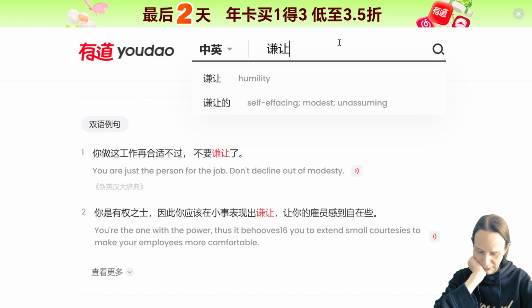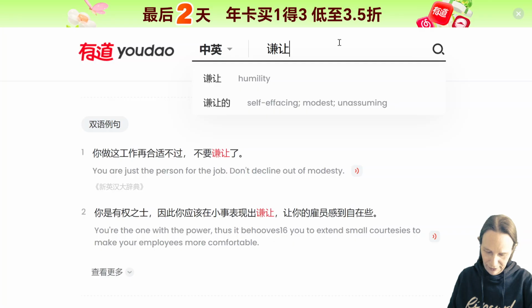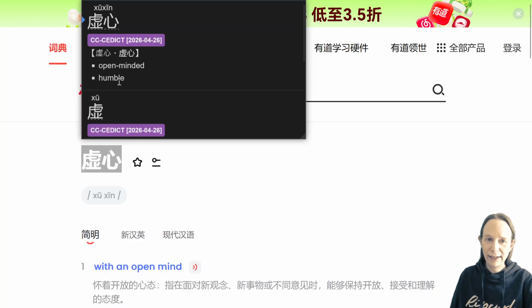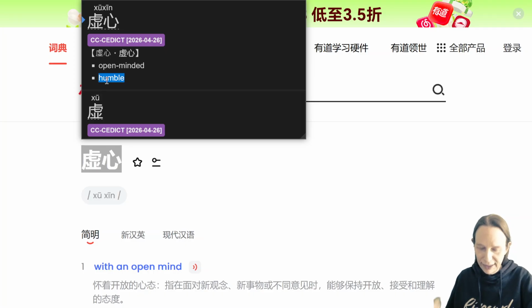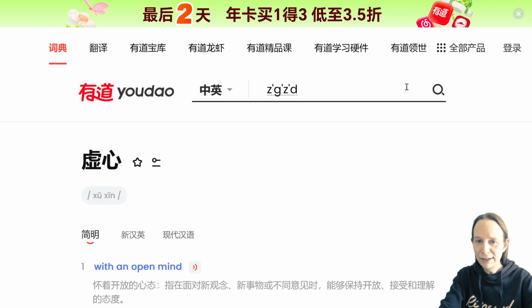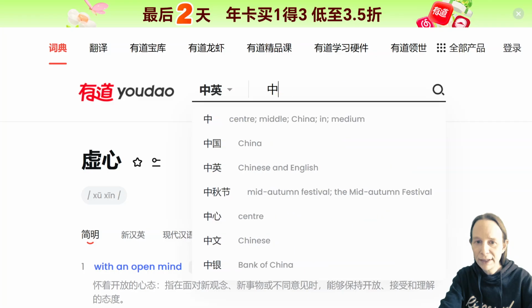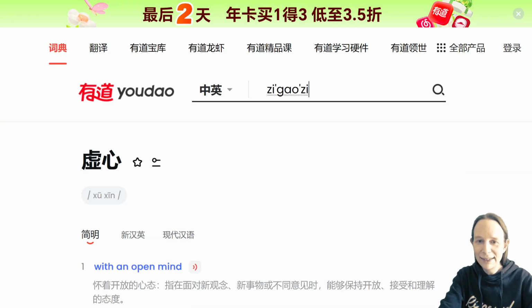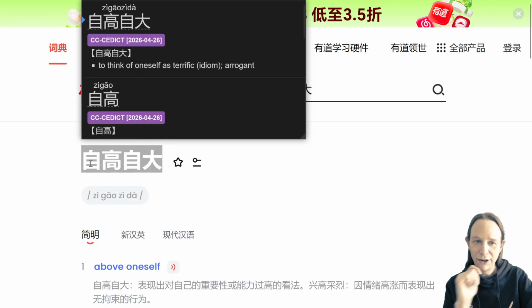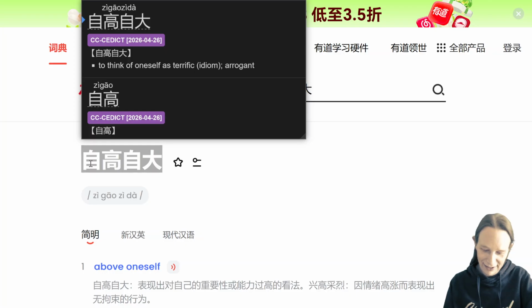Okay. So the dictionary has 虚心. 虚心, humble is the one here. 不自高自大. 自高自大. So, yeah, it's the negation of that.